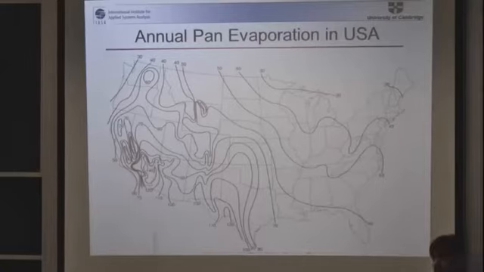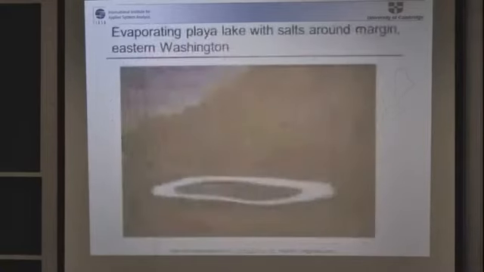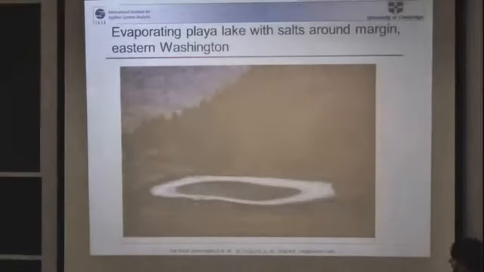Particularly, this is for the US, but there could also be such plots for Pakistan and other regions of the world. This is a typical figure to show how evaporation occurs. It is a lake in the USA, from where most of the water is evaporated, and you can see the salt on the periphery of the lake.